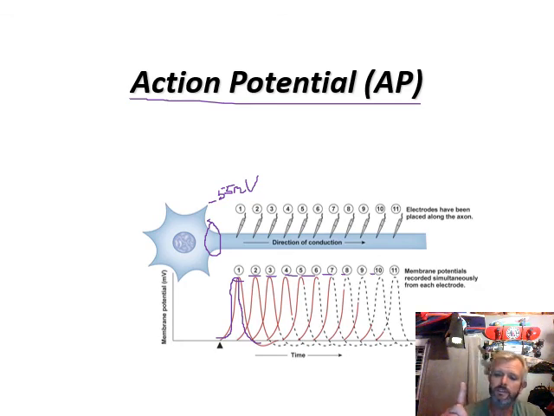Also, if this was a graded potential and we measured down here, it would be much smaller because it would lose steam. It would lose strength. What we see with the action potential is we don't lose strength. And we'll see why this takes place.